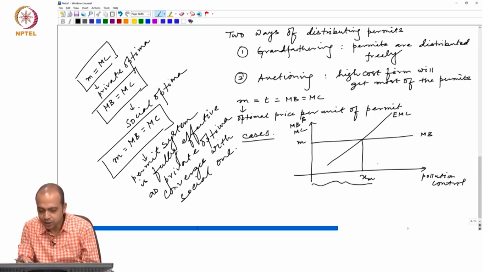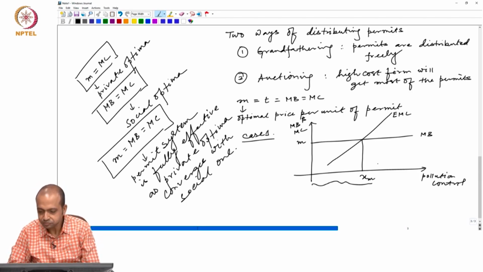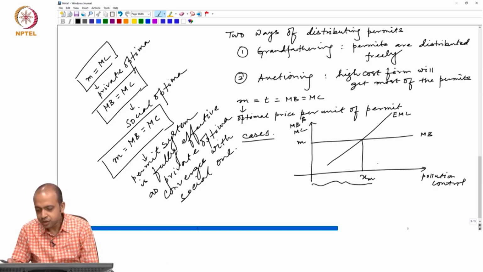Or if you feel you can abate only xm level of pollution, then for the additional pollution you need more permits. That is the way we can measure pollution control as well as xm on the same axis.